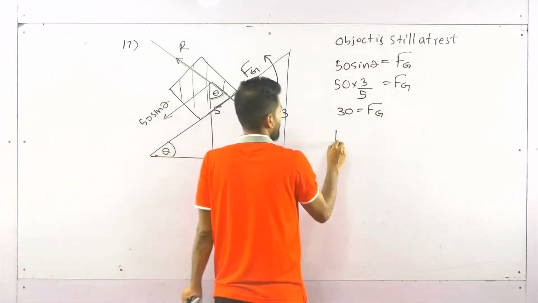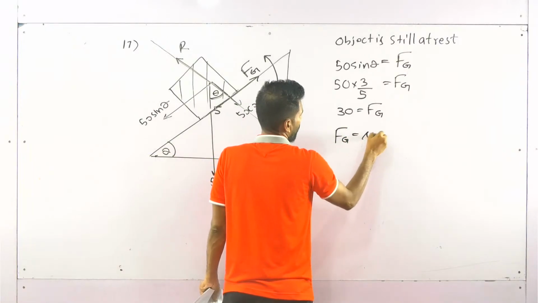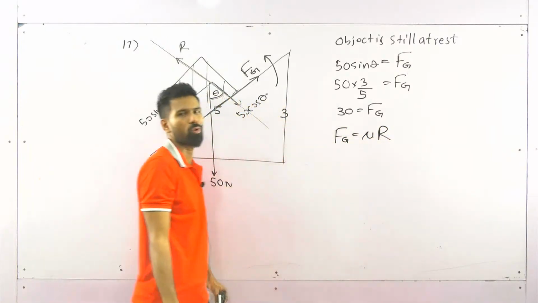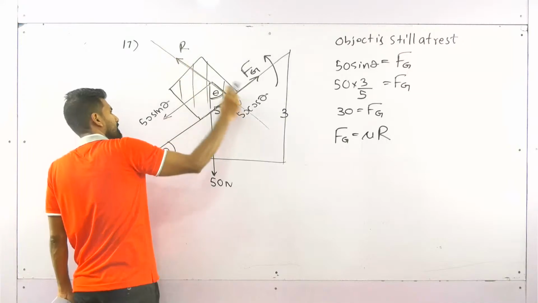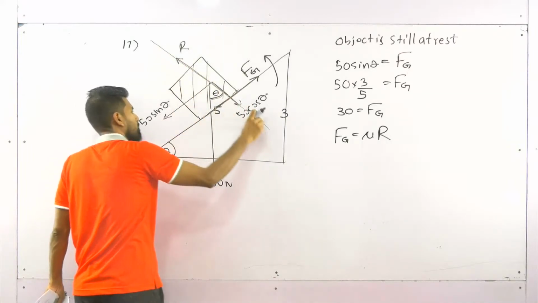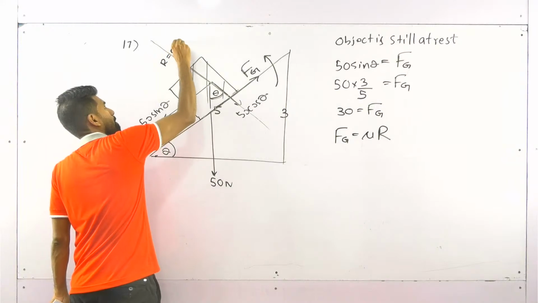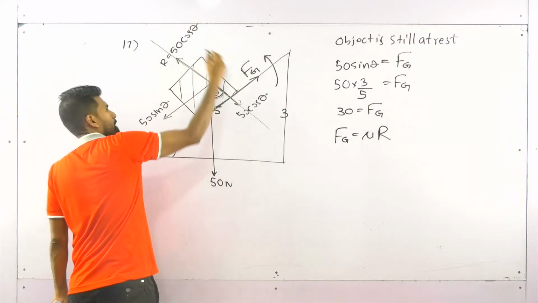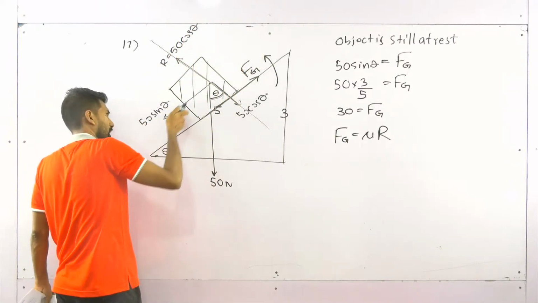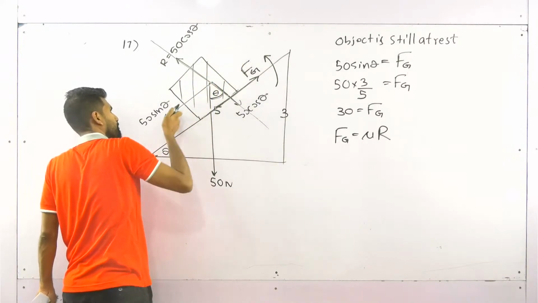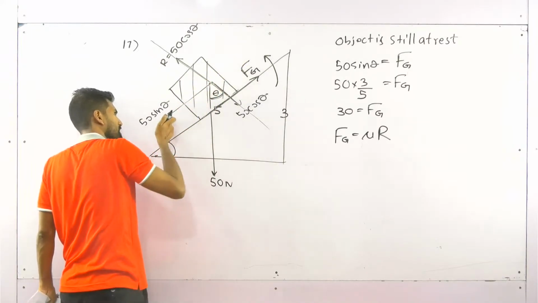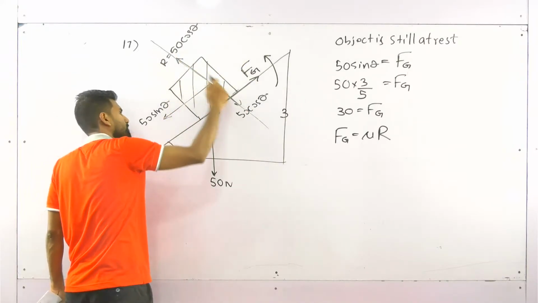Now again, friction is equal to mu R. It doesn't have any motion perpendicular to the plane, and also none parallel to the plane.